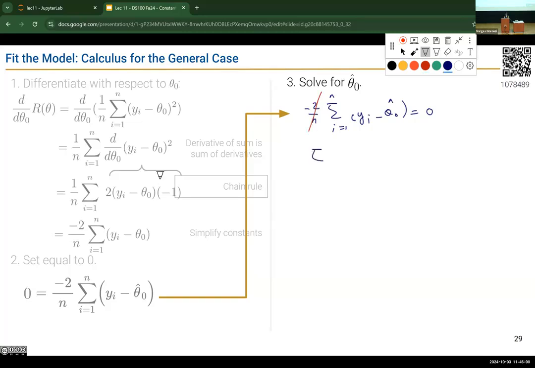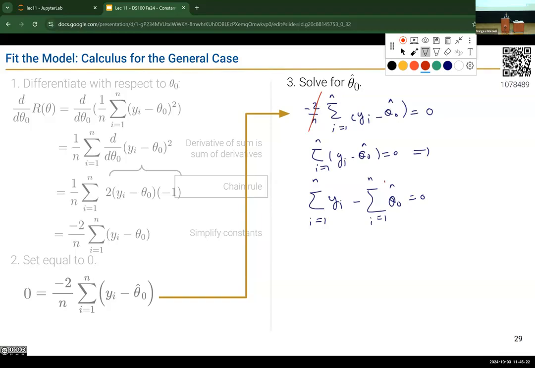And I'll write this as summation of i from 1 up to n of yi minus theta 0 hat equal to 0. I'll separate out those two terms. I'll turn this into the summation of i from 1 up to n of yi minus the summation of i from 1 up to n of theta 0 hat equal to 0.